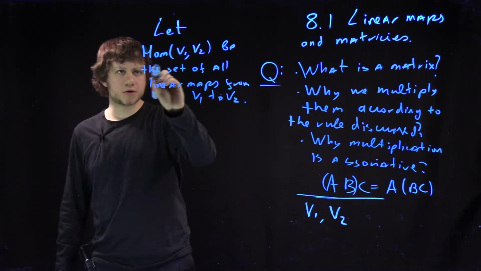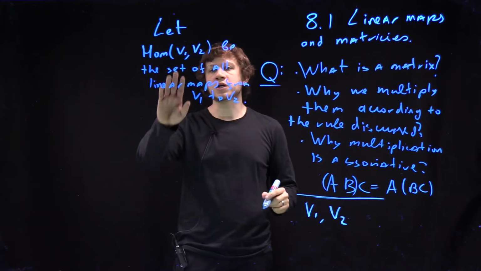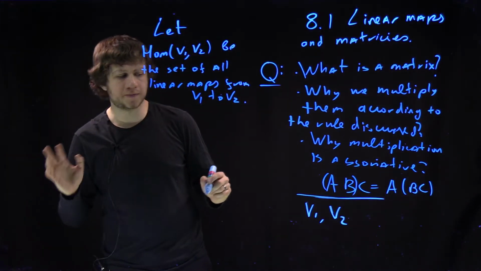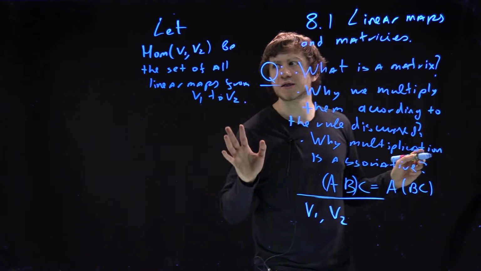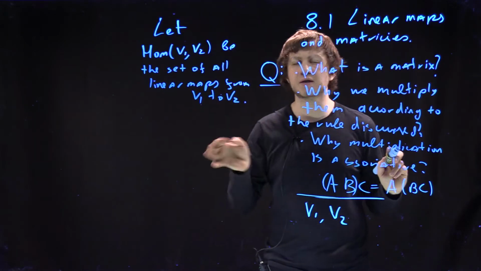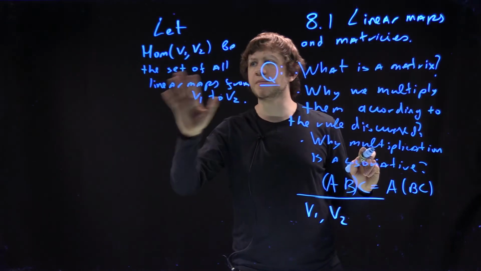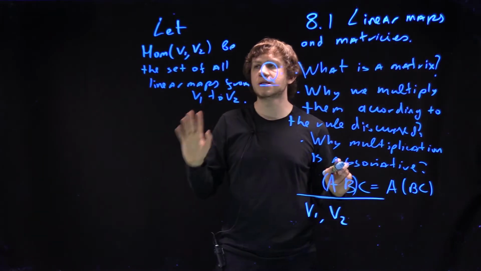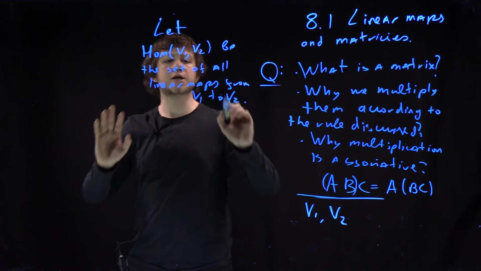There is no fancy notation Hom, because later on in more abstract algebra classes you will see that Hom stands for homomorphisms, and homomorphisms are something very close to linear maps in the linear algebra setting. So that's where the notation comes from.